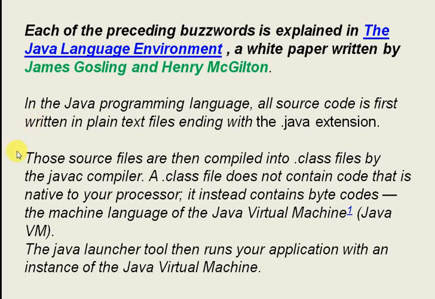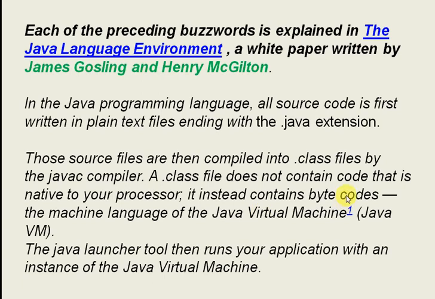In the Java programming language, the source code is written in plain text, suppose in Notepad, and saved with a .java extension. Those source files are then compiled by the javac compiler, and the class file is generated by the compiler.